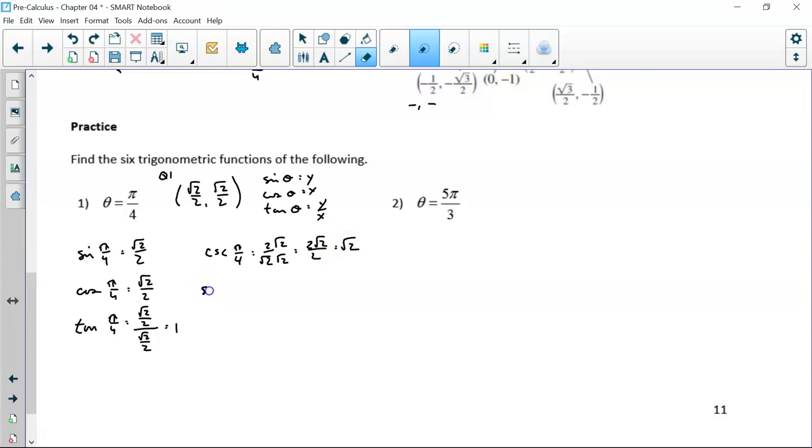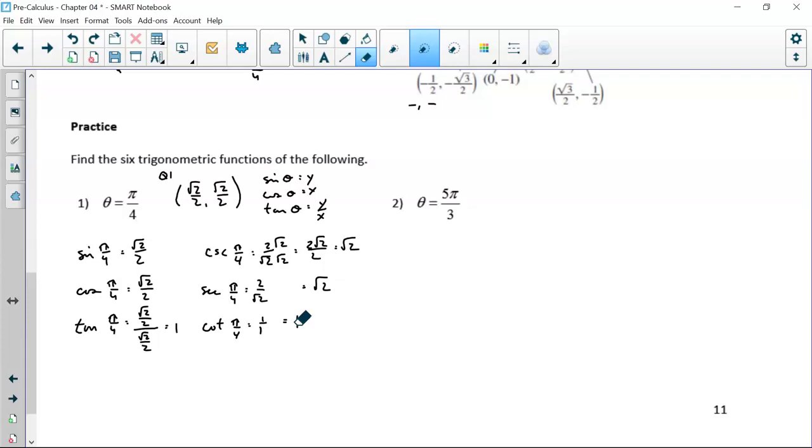My secant of pi over 4, once again, it's going to be 2 over root 2. Now, we already know what that's going to rationalize to because we just did it. That's going to be root 2. And my cotangent of pi over 4 is going to be the reciprocal of 1. So 1 over 1 is still 1. I think we still need to do a couple more to really get our minds around this.